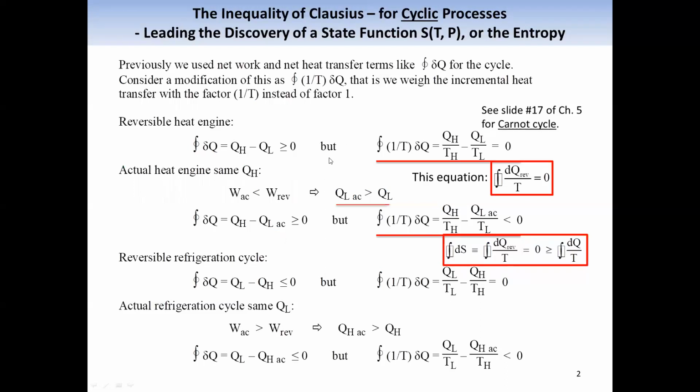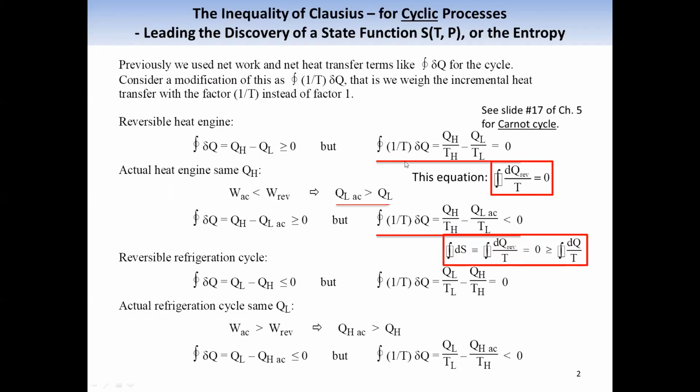Next, if we look at the second equation, this equation essentially means we integrate dQ over T for a complete cyclic process. Again, we have two adiabatic processes in the entire cyclic process, which do not contribute to heat transfer.